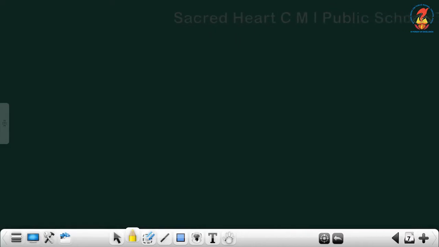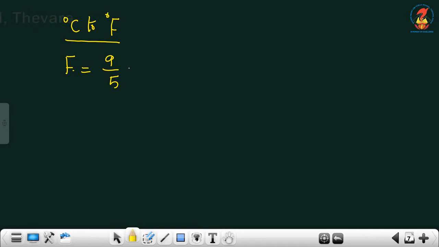Okay. So the equation to convert degree Celsius to degree Fahrenheit is F equal to 9 by 5 into C, meaning degree Celsius, plus 32.